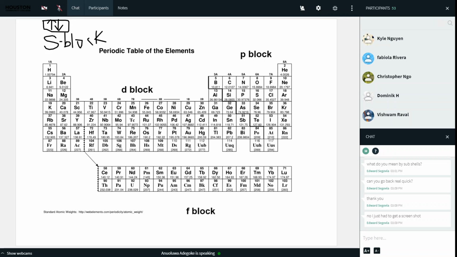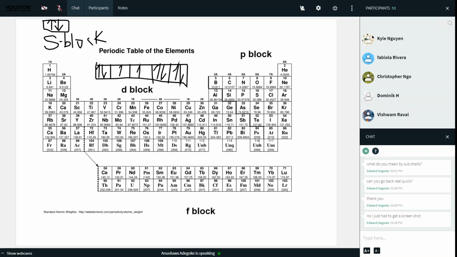The D block: remember we said that the D orbital has 5 boxes. Each of the boxes can hold 2 electrons. Let's place them singly before we come back and pair them.